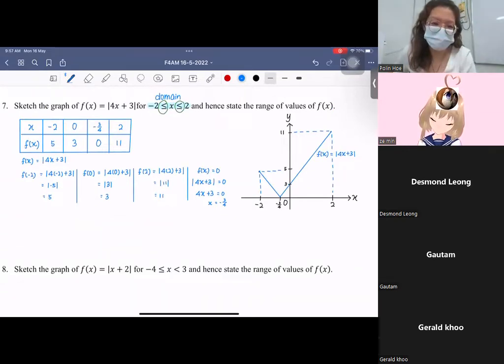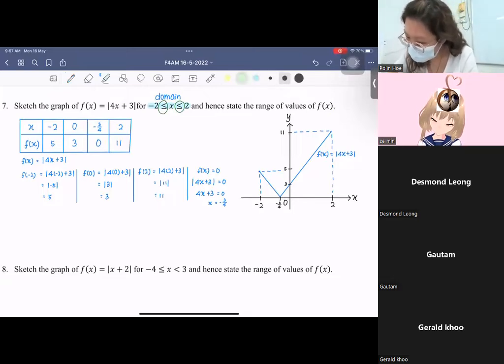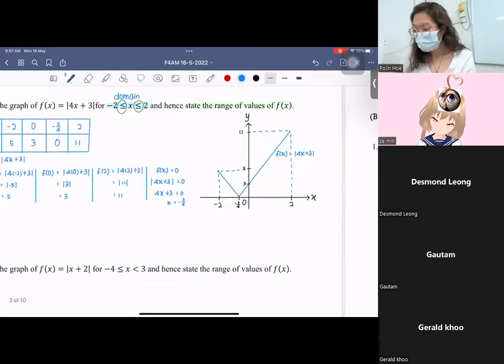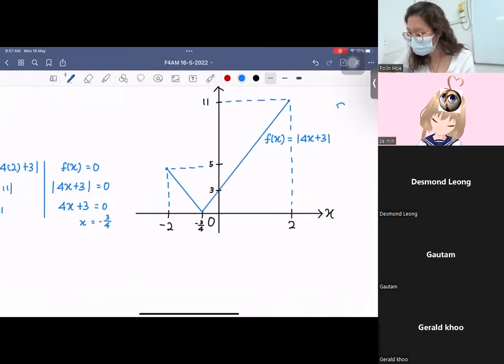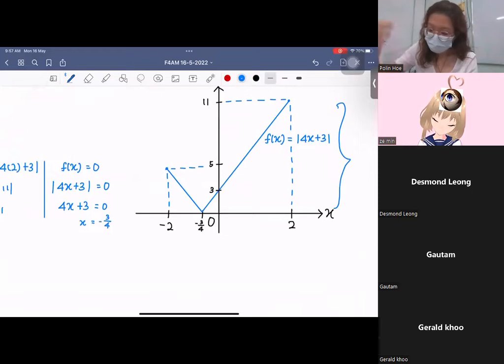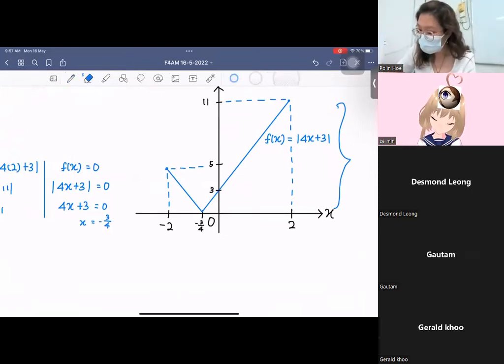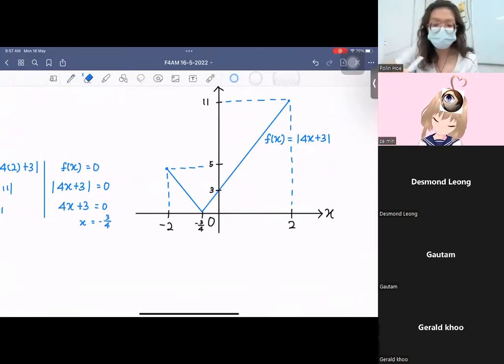Oh, sorry, my friend, I forgot. We never state the range here. We still need to state the range of the values of f(x). The range means the minimum to the maximum value. Look at this. The smallest value is 0, and the biggest value is 11, right?